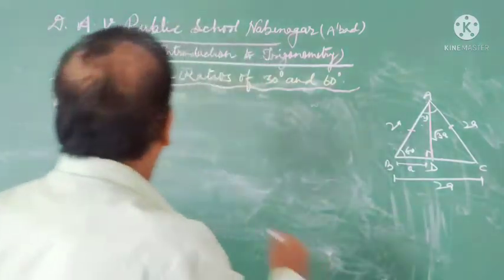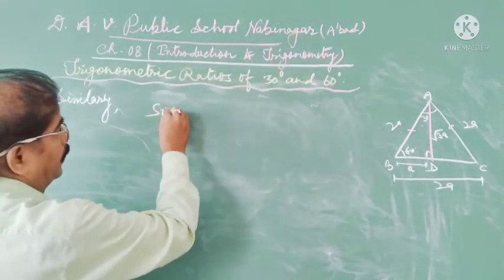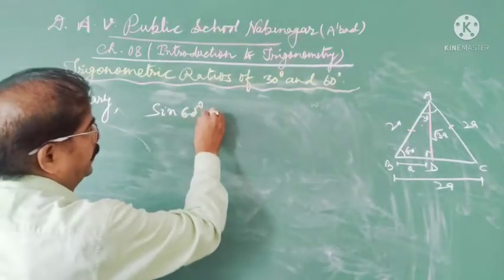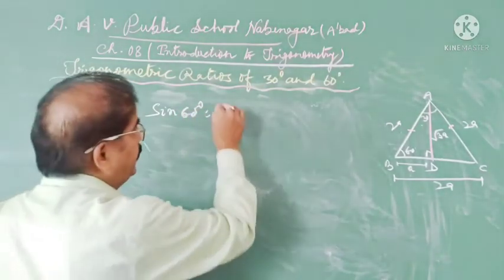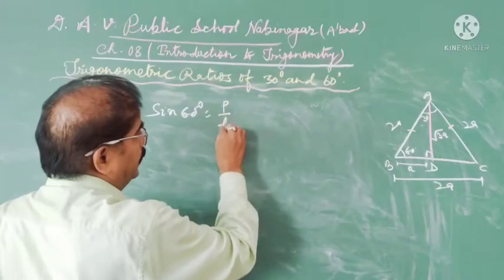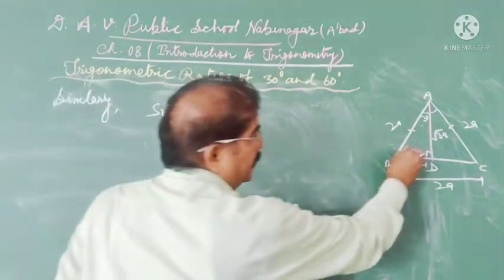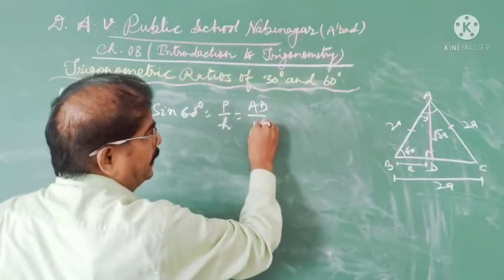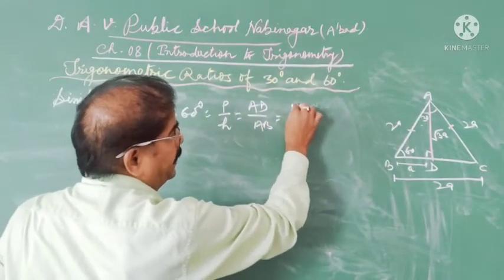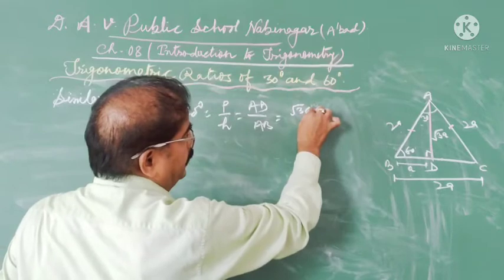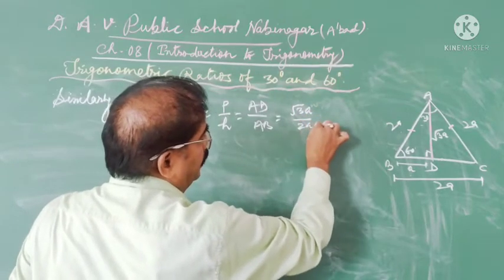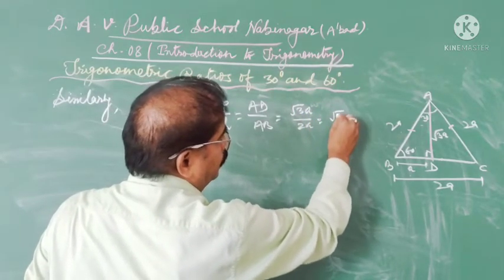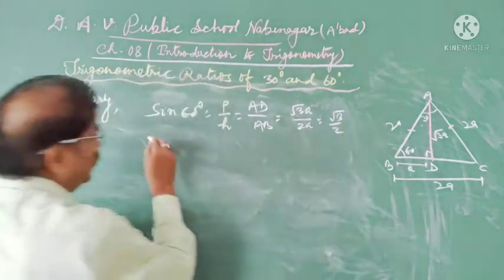Similarly, sin 60 degree, that means P by H. P is perpendicular AD, so AD by AB, and AD is root 3 A by 2A. A cancels, root 3 by 2.